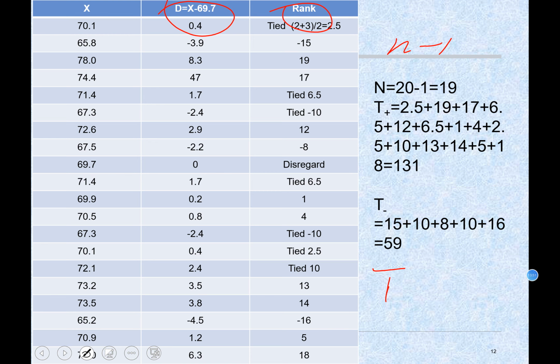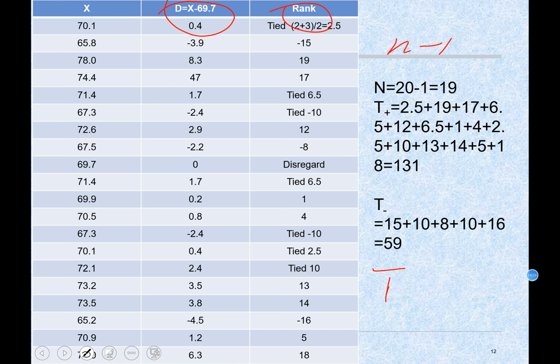From the two t-values, t plus and t minus, we can choose either one as the test statistic value. In table A3, we need to compare the test statistic with the critical range. If the test statistic locates inside the range, that means P is bigger than alpha.